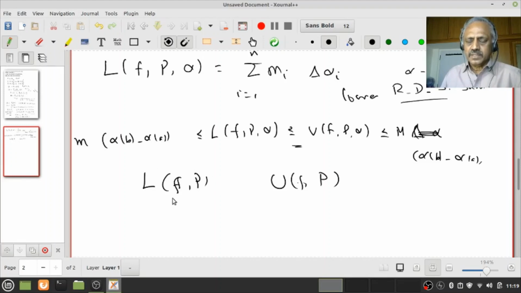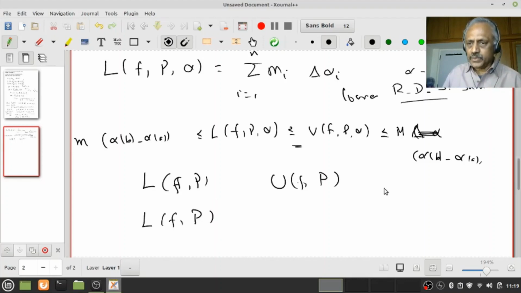This is the sum of the areas of rectangles which are inscribed in the region, and this is the sum of rectangles which cover the region. You understand that? So this is for any partition P. Is that correct? So now think carefully.